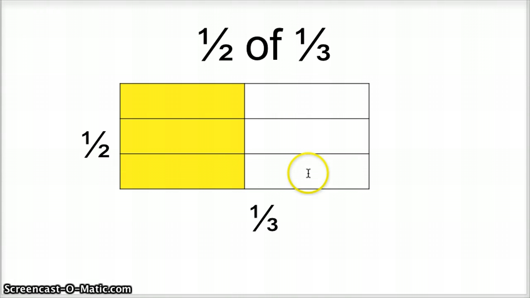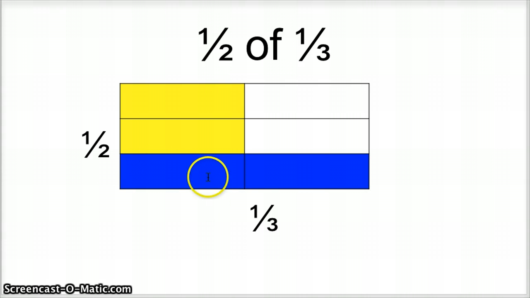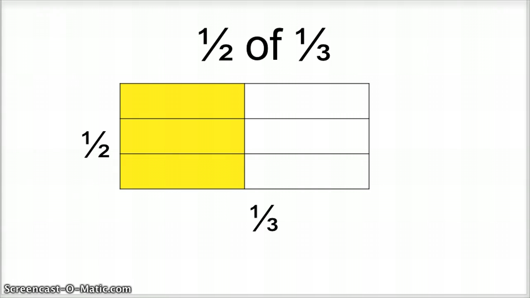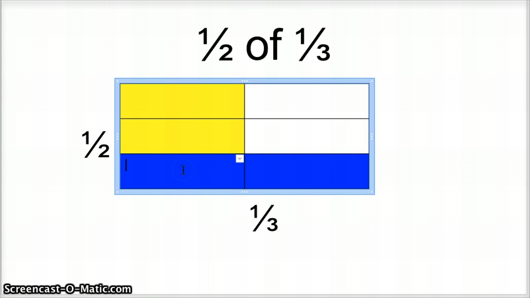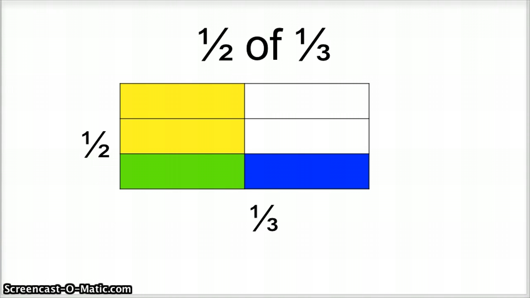Then I'm going to look at my 1/3, and I am going to split the rectangle again, only going horizontally instead of vertically. It's going to make it into thirds going up. And I'm going to highlight this one here and shade it in blue. Now I can see that this section right here is the overlap, so I'm going to change that one into green, since yellow and blue make green, just like yesterday.